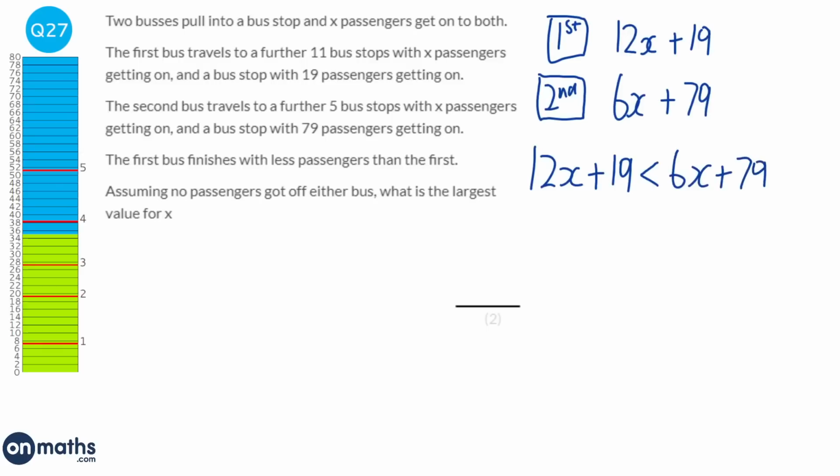Now all we need to do is solve that inequality, and we've got X on both sides, so we look at the X's. We've got 12X and 6X, so we always take away the smaller amount, so we're going to take away the 6X both sides.